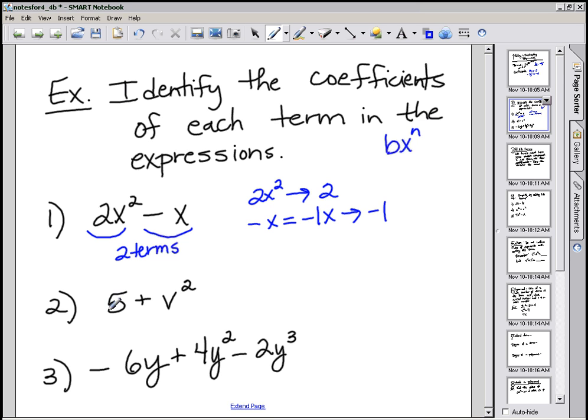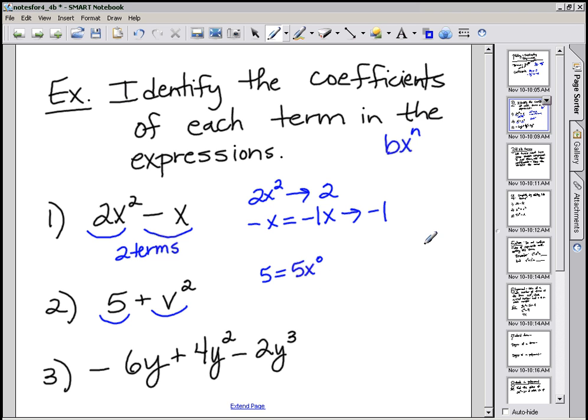In the expression 5 plus v squared, there are two terms again. Here's 5, and then this v squared. So the coefficient of 5, well, since it's just a number, that is actually understood to be the same thing as 5x to the 0. Do you remember the last couple sections you talked about the 0 exponent?